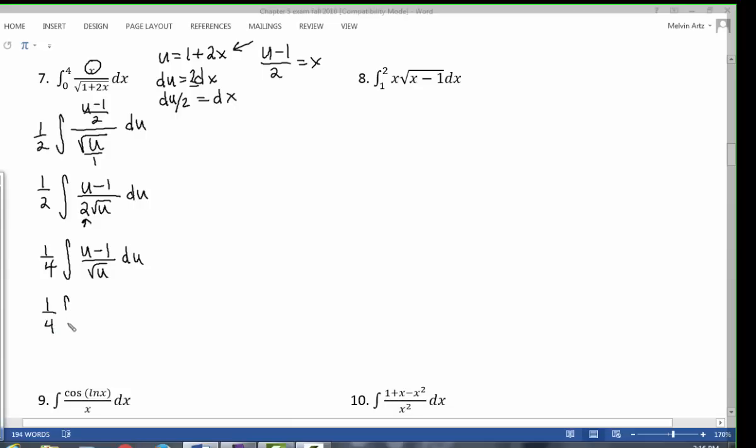And let's divide each term in the numerator by the square root of u. So this would simplify now: u to the 1/2 minus u to the negative 1/2. So now we can find the antiderivative.